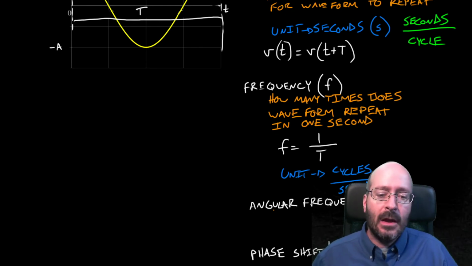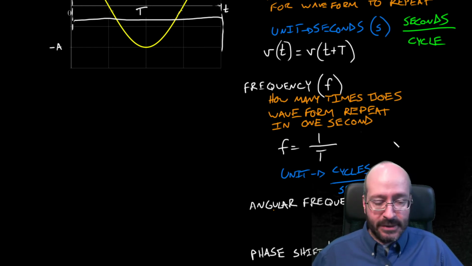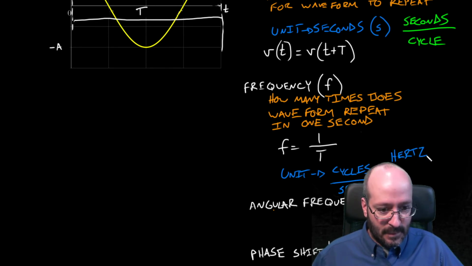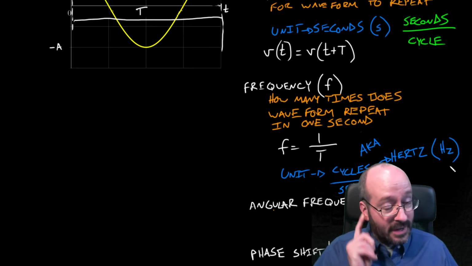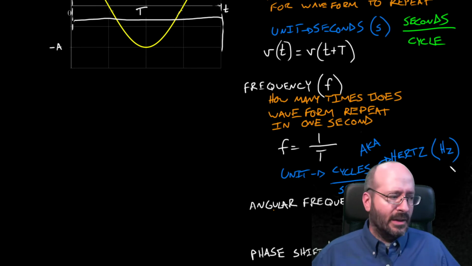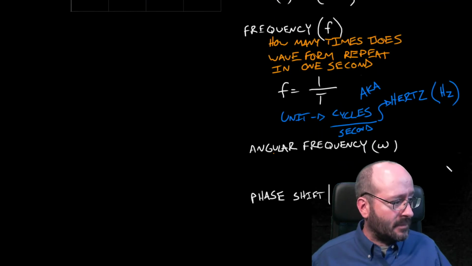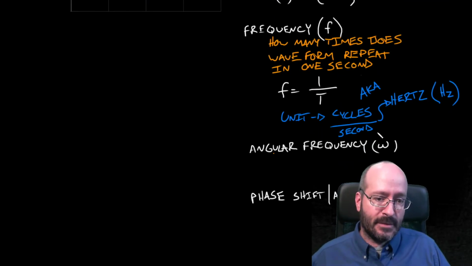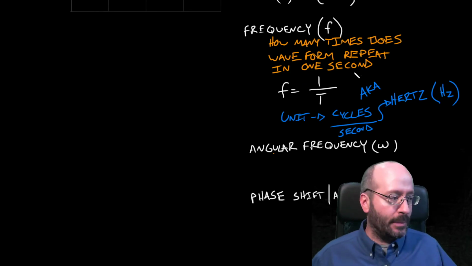We name this unit after another old dead guy named Hertz, also known as Hz, abbreviated with a capital H and a lowercase z. That's where you get megahertz, gigahertz, kilohertz, and terahertz if you really want to go nutty. That's one way we can describe how quickly the waveform is repeating.